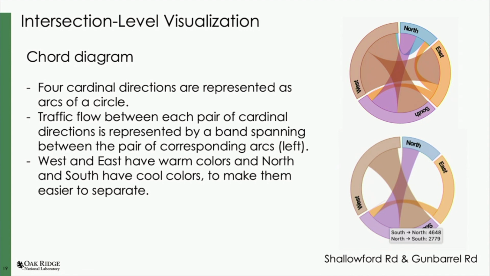If you mouse over the arc, you're going to see how many vehicles come from there. If you mouse over a band, you can see at the bottom, 4,600 vehicles going from north to south, but only 2,700 going from south to north, so it's colored by south, because there's more going that way.